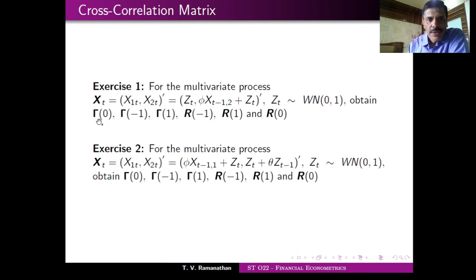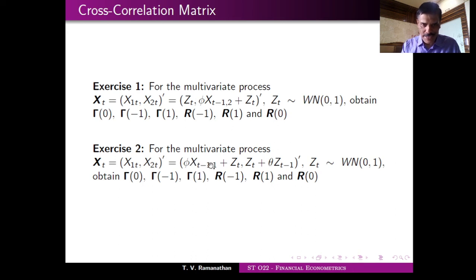Now what is required? You need to compute all these things. Okay. Similarly, in this case also, I think there is some typing problem because I used t in the second place. So here x1t is phi x1t minus 1. Okay, so the past time point of this component. So you should read this as 1t minus 1, not t minus 1 1.